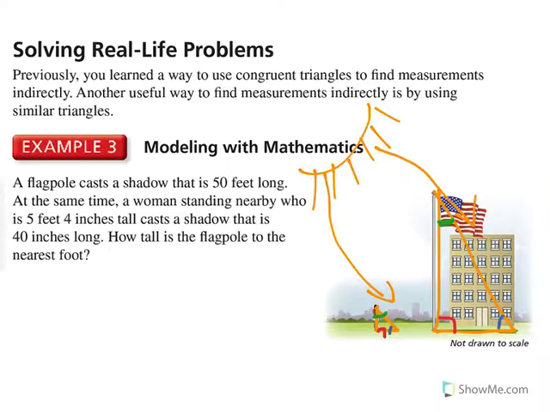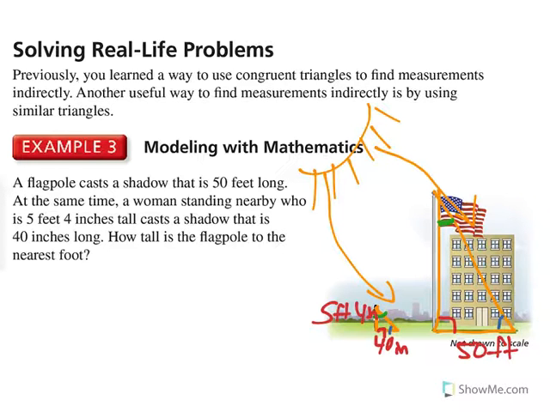So if the flagpole casts a 50-foot long shadow, and the girl casts a 40-inch long shadow, and she is 5 feet 4 inches tall. The first thing we want to do with a problem like this is we want to get it all in the same type of measurement. And what I'm going to do with this kind of problem is switch it to inches.